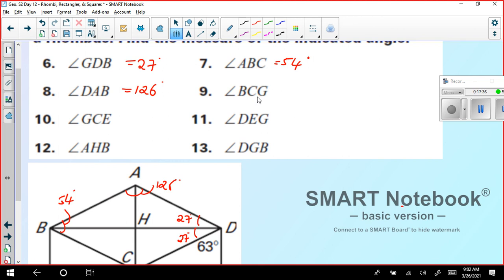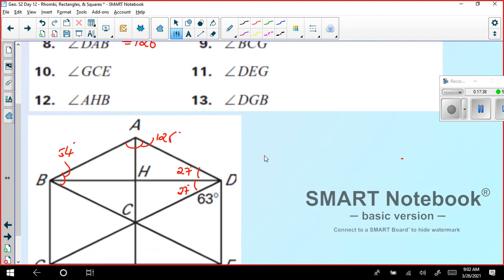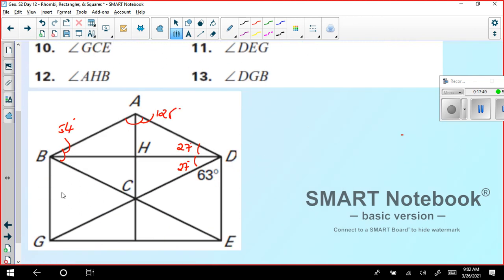Next, angle BCG. Let's get to that in a while. First, let's get all these angles. If this is 126, the opposite angle also is 126.